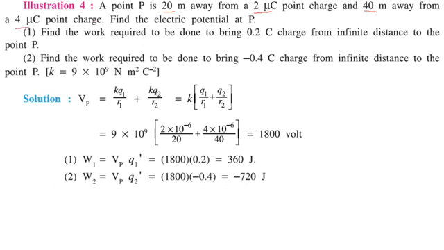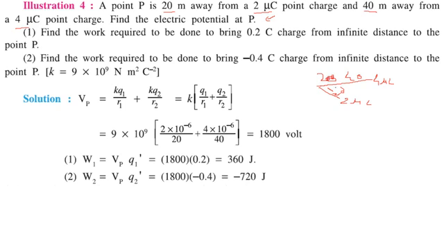We have to find the electric potential at P. Say this is 20 meter away from the 2 microcoulomb charge, and this is the 4 microcoulomb charge, 40 meter away.